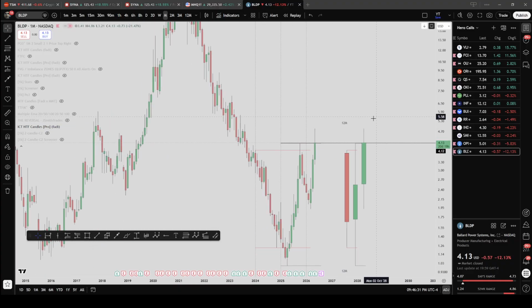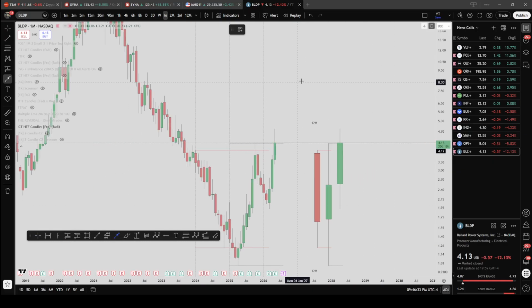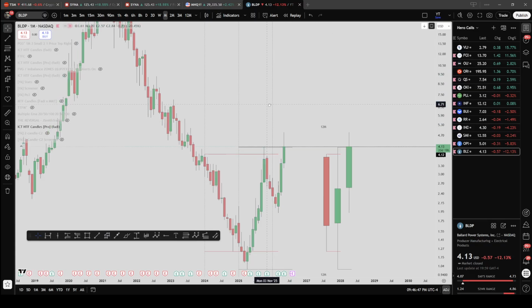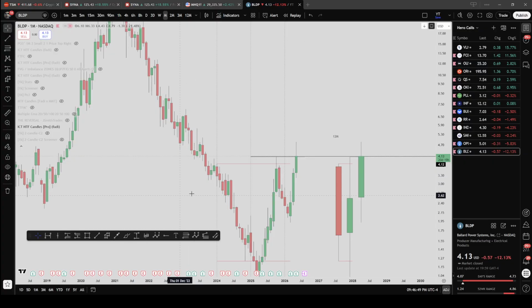Only downside is this wick on a C2. We don't like top wicks, we like flat tops for C2s. And you can see right here, it couldn't close outside. It's basically a sell wall, right? So this is kind of trappy until you get a monthly close outside last year's high.